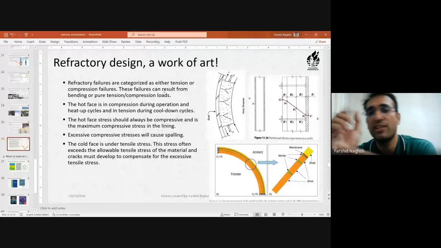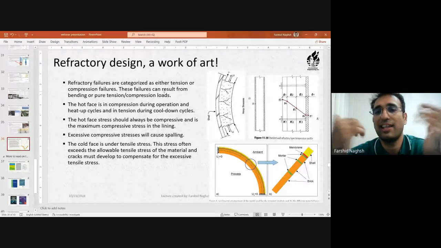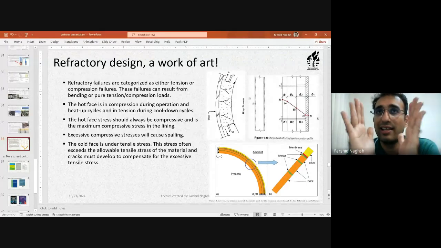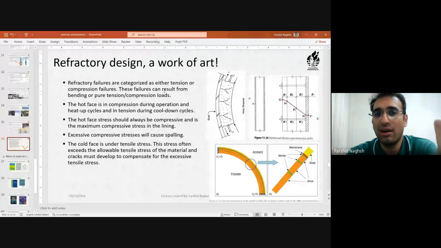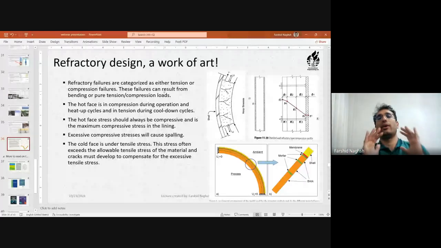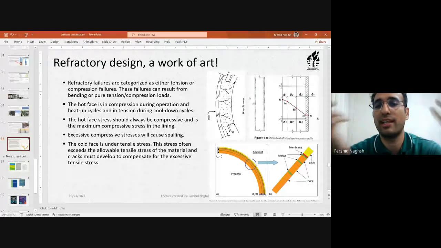So you need to increase it to make the hot face experience compression, because the cracks that are initiated during cool down should be sealed up in normal operation and during the startup.